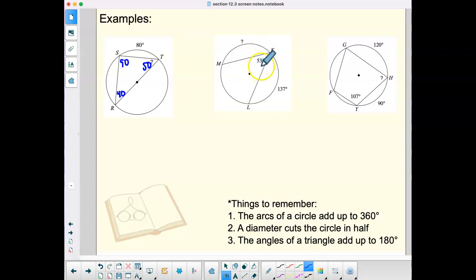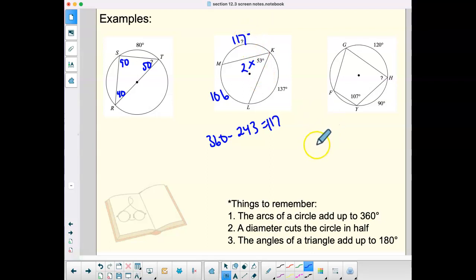I know that my angle's 53, so to go from my angle to the intercepted arc, I would multiply by 2, which gives me 106. So I know the arc from M to L is going to be 106. If I add 106 and 137 together, I get 243. So if I take 360 and subtract the 243 that is already there, I'm left with 117, which means that this arc has to be 117 degrees.